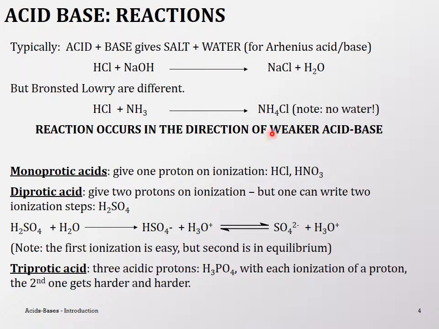If you have strong acid and base, the driving force is to go towards products that are a weaker acid and base. Anything strong is going to start reacting to give a weaker acid-base combination. That's the driving force for any kind of acid-base reaction.